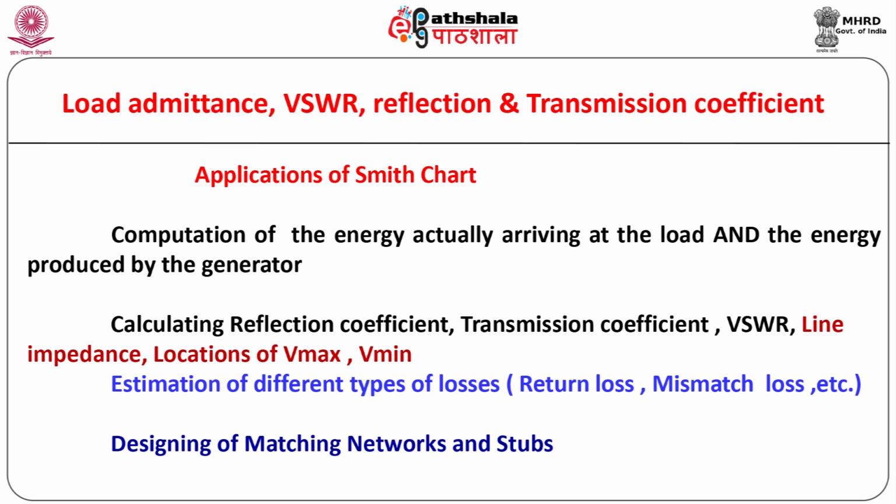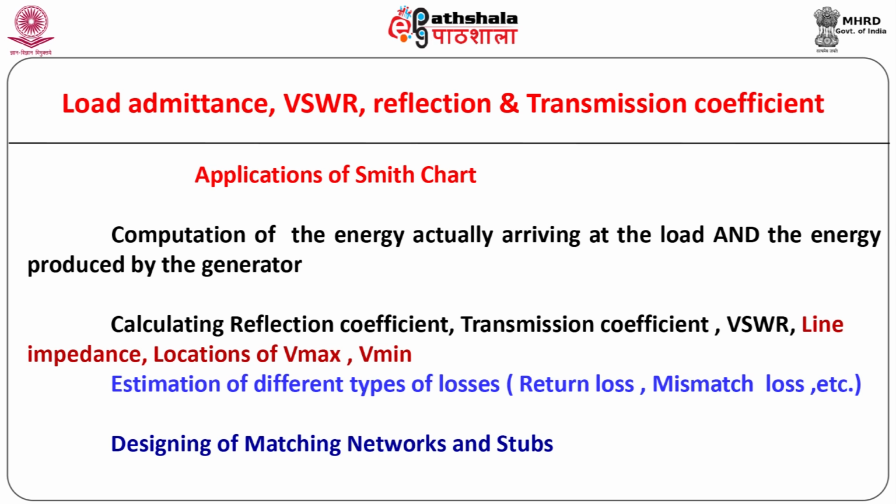Any mismatch between the two impedances will cause back reflection of the wave, thus hampering the quality and quantity of the transmitting properties of the transmission line. This aspect can be accounted for with the help of many quantities such as reflection coefficient, VSWR, different types of losses, etc. All such quantities can be determined using the Smith chart.